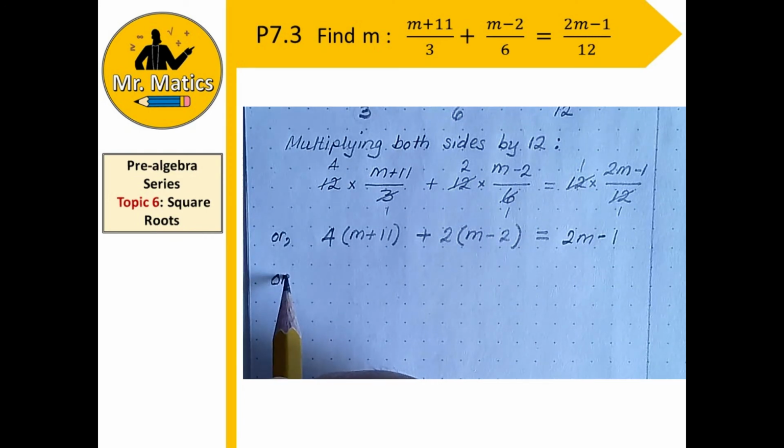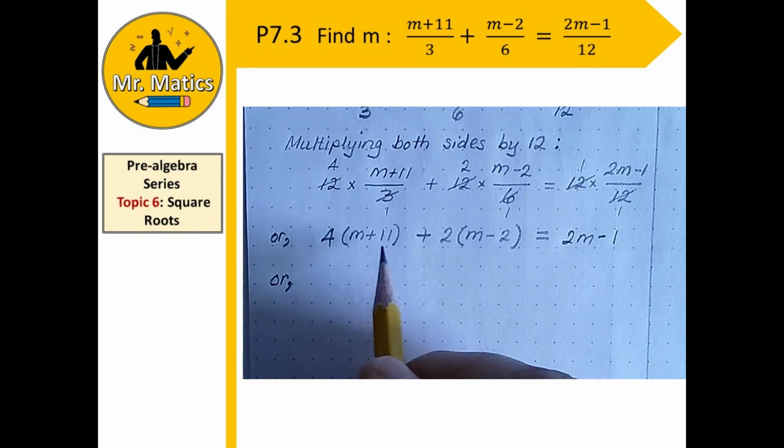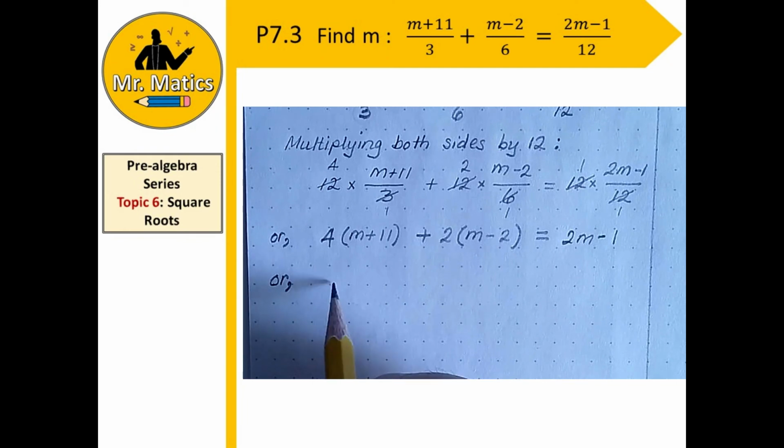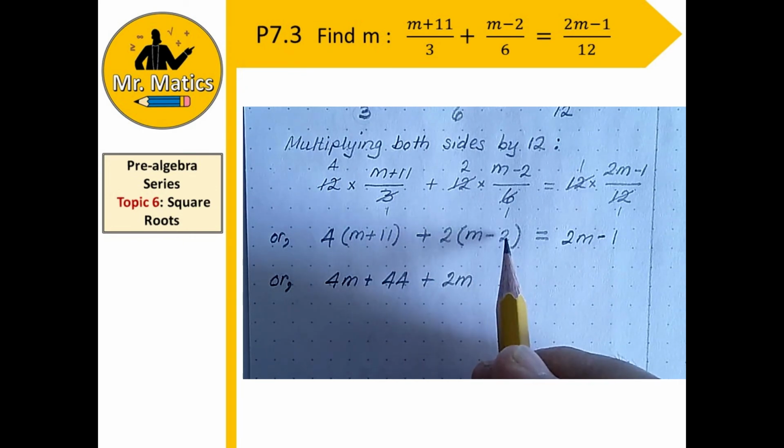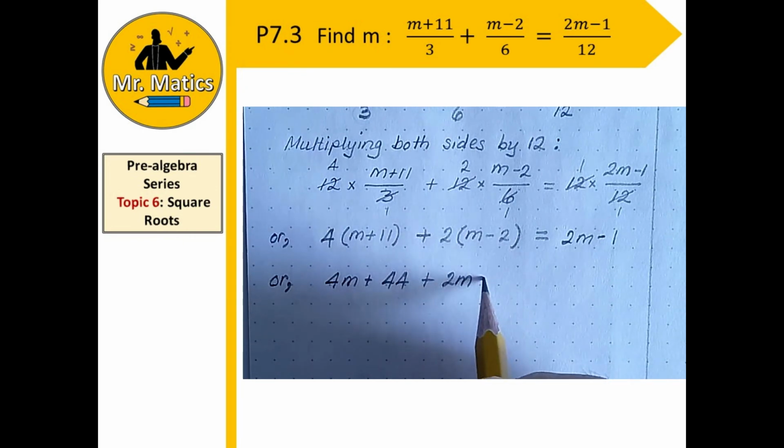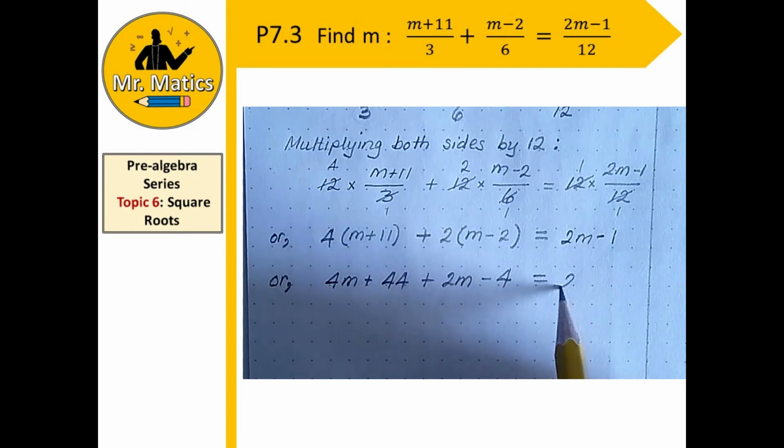Now we take the brackets out. 4m plus 44, plus this one has 2m, and then 2 multiplied to minus 2 will leave minus 4, equals 2m minus 1.